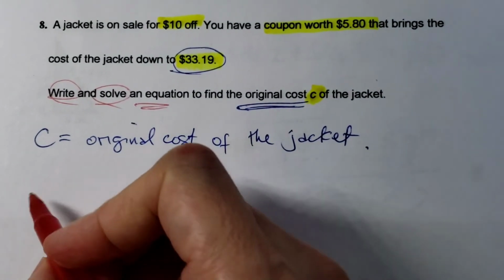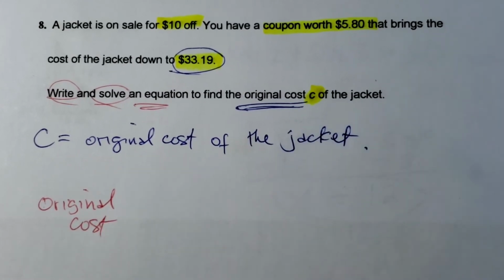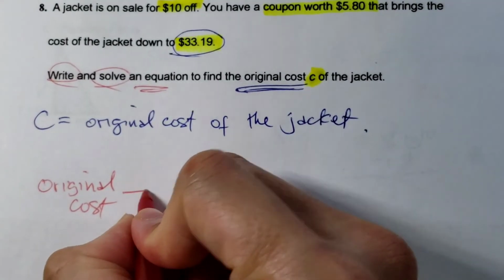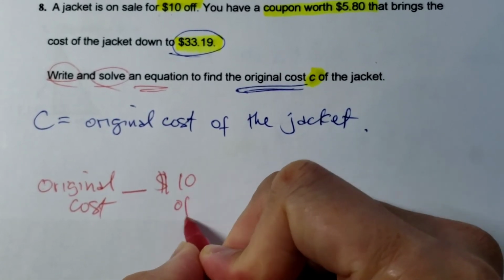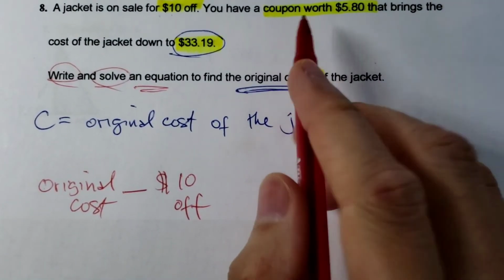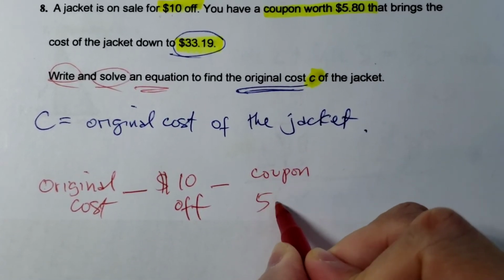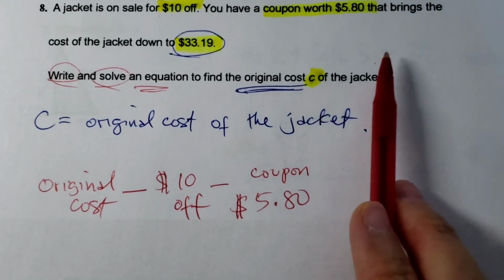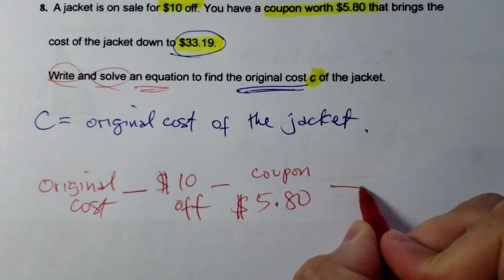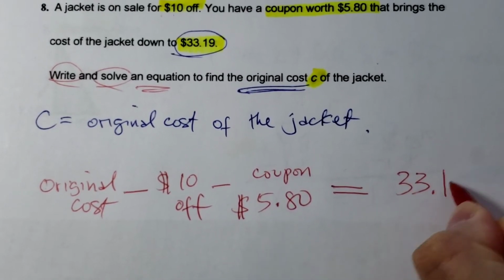So remember, the original cost, okay? We take out the $10 off. And it says the coupon, minus the coupon, which is $5.80. And that brings the cost of the jacket. So now the cost of the jacket is $33.19.